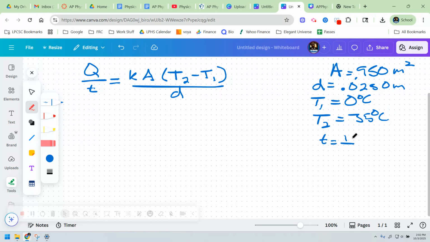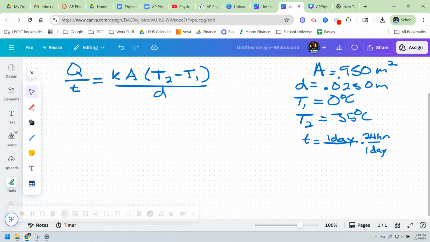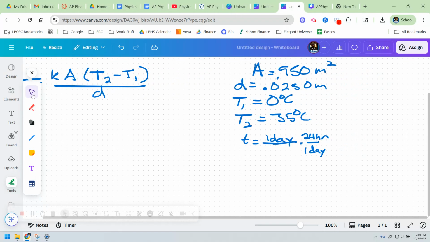So 1 day, right? We got to convert that to seconds. So remember, in 1 day, there are 24 hours. And then remember that 1 hour is 3,600 seconds.